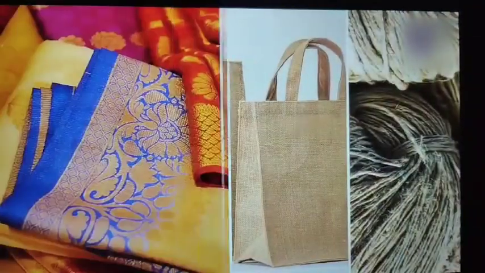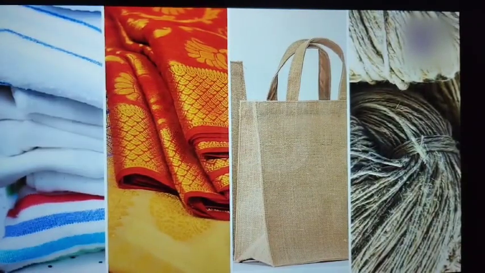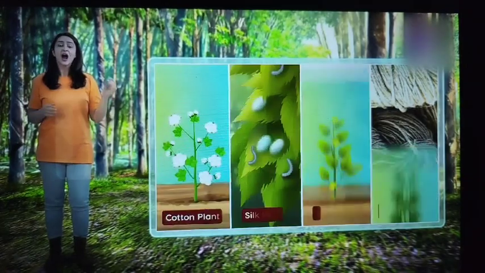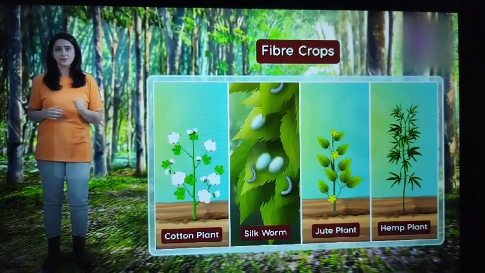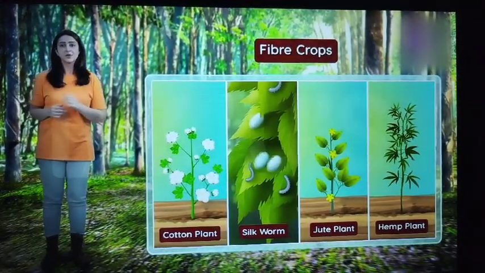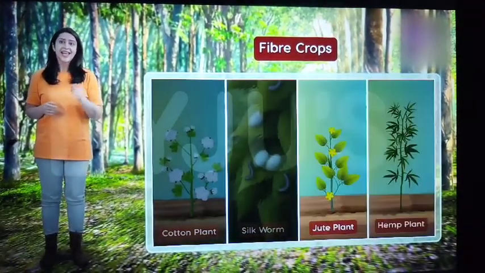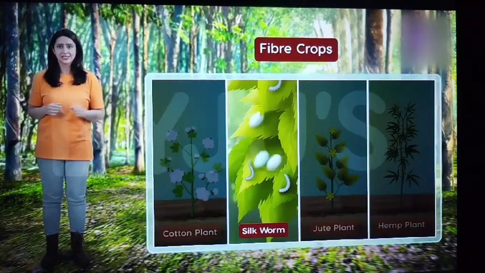What is common about all these images? Well, all the products that you see here are made from fiber crops. The major fiber crops produced in India are cotton, jute, hemp, and natural silk.